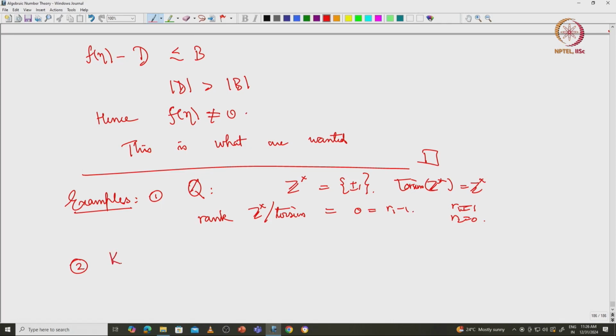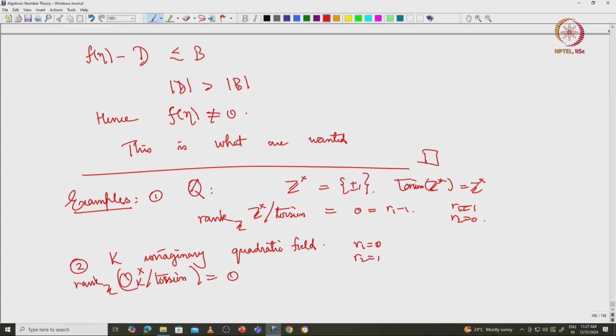Now if K is an imaginary quadratic field, then for O_K cross, again what is r1? r1 in this case is 0, r2 in this case is 1, and so the rank of O_K cross modulo its torsion is equal to 0.